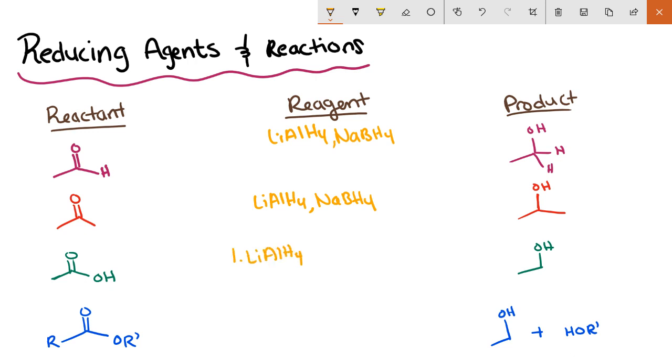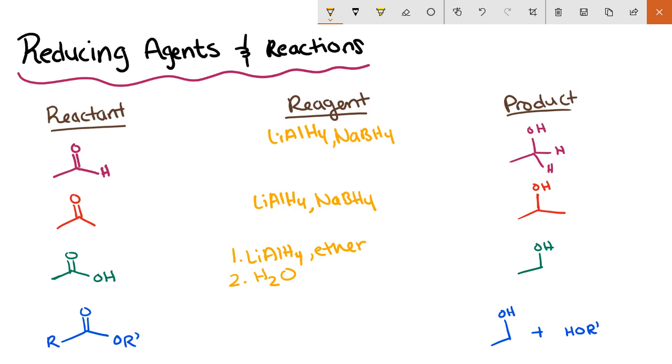However, it's necessary to add ether along with LiAlH4, and then followed up by H2O, water. And that will give us the product from a carboxylic acid to primary alcohol.